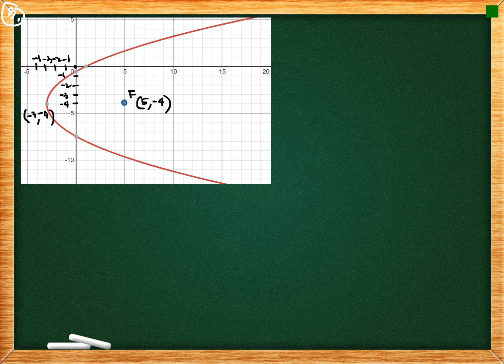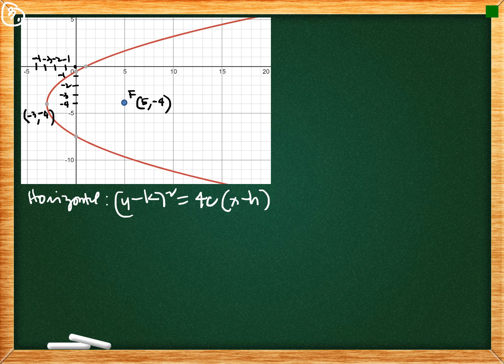Okay? If you can still remember, the standard form of the equation of a horizontal parabola is (y - k) squared equal to 4c times (x - h).